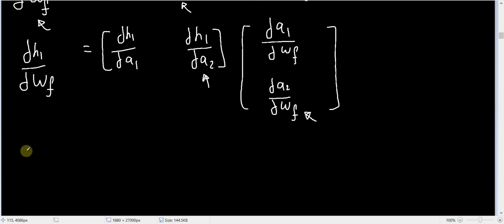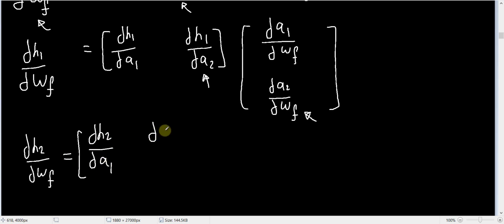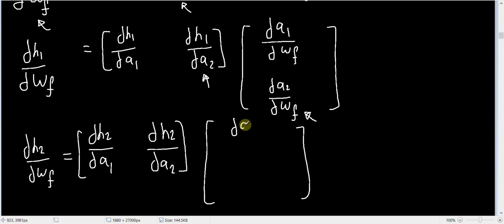Now similarly, dH2 by dW flattened will be equal to dH2 by dA1 as a constant, dH2 by dA2 as a constant, multiplied here by dA1 by dW flattened as a row. This is a row. Here I have dA2 by dW flattened as a row. Now let's group those into a vector.